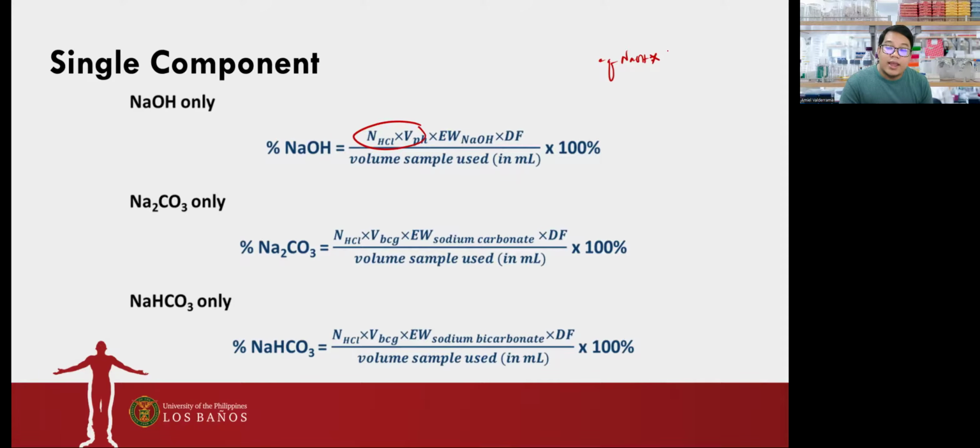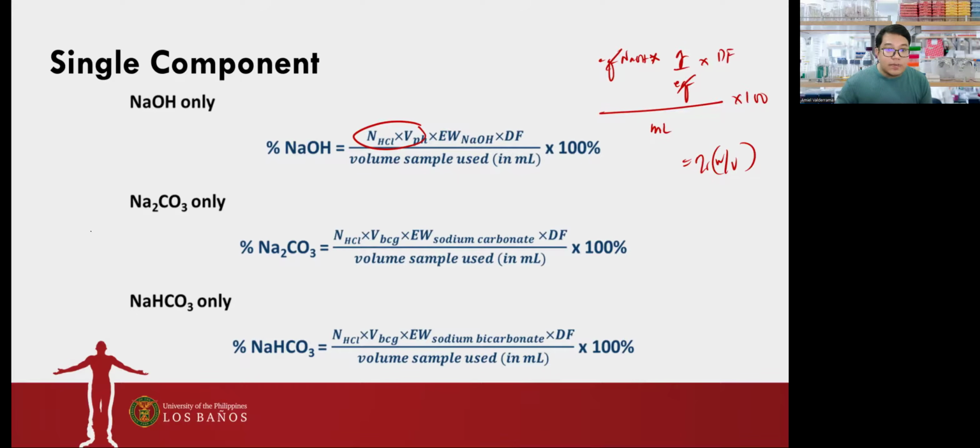So, yun ay, ano bang equivalent weight? So, yun ay gram per equivalent times dilution factor over volume of sample in ml. So, volume, ml yun, times 100. So, magka-cancel to. So, you have grams in ml times 100. You have percent weight per volume na as answer.